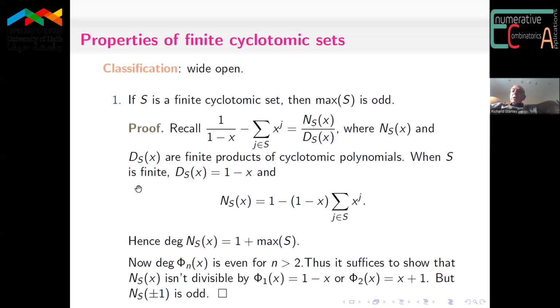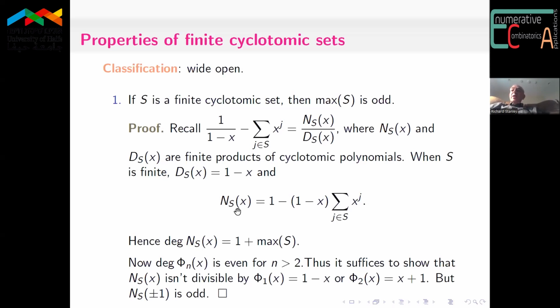That is a very simple proof. I guess since every talk should have a proof, we will write 1 minus 1 over 1 minus x minus the sum over j in S of x to the j as a numerator and denominator. Here, the denominator will just be 1 minus x because this sum is finite.